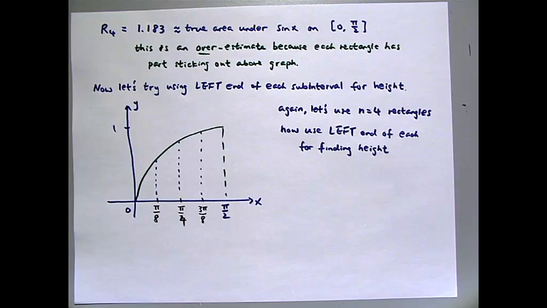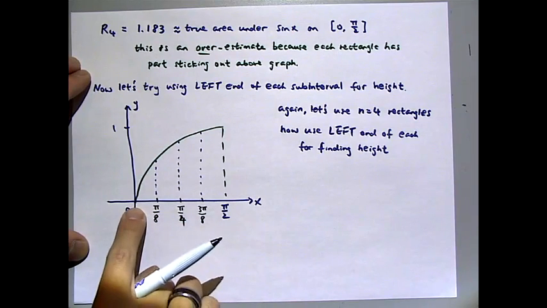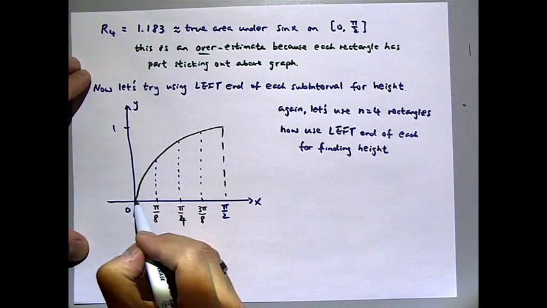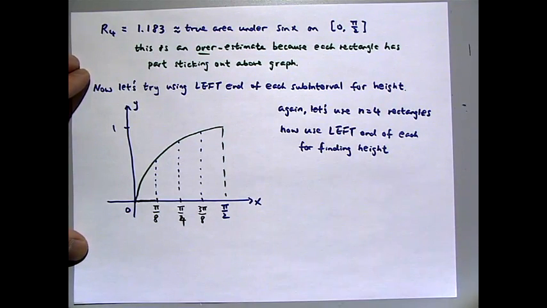Exactly the same thing we just did, except this time we're switching where we find the height. Now look at the first rectangle here. How tall is it? Right, 0. If I go to the first endpoint here, the left end is 0. So my first rectangle actually is just a flat line. That's all right.